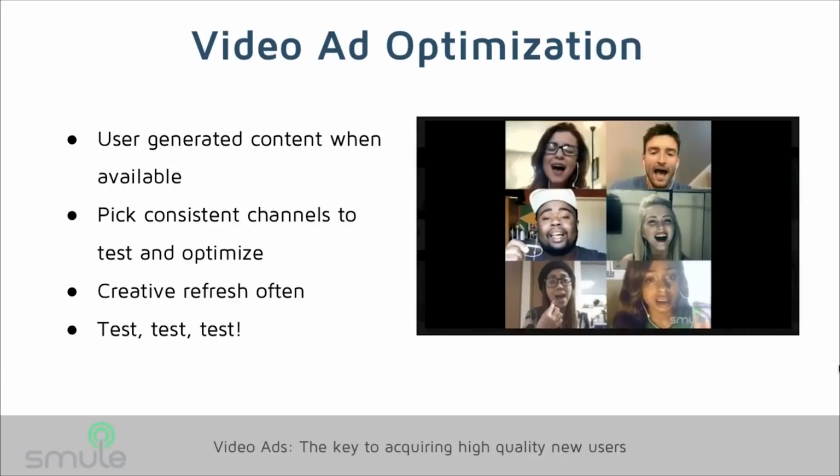So to talk about how to really optimize video ads, which is quite similar to static and GIF ads as well. What we have found at Smeal is that user-generated content, when available from your app, is the best way to connect with potential high-quality users, where they see how the app is going to be when they click and install the app.